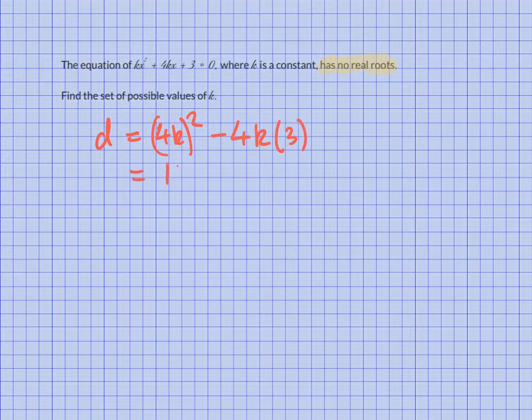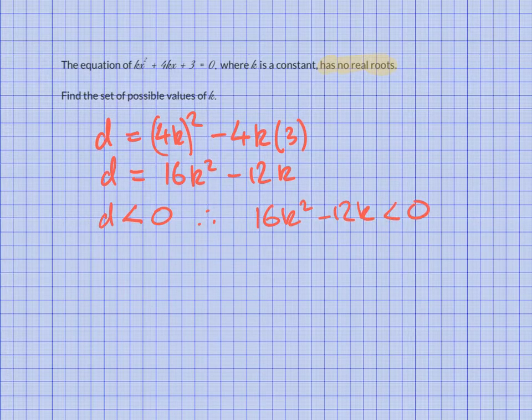Expanding that out, 16k squared minus 12k. And in this case, because it has no real roots, the discriminant has to be less than 0. So we know that d is smaller than 0. That means that 16k squared minus 12k has to be less than 0.